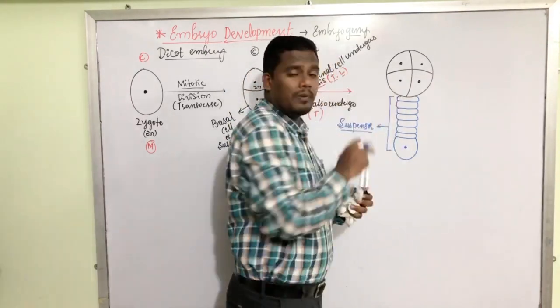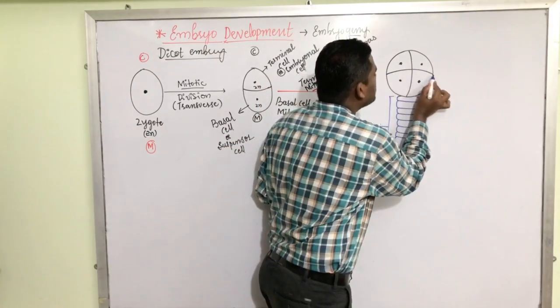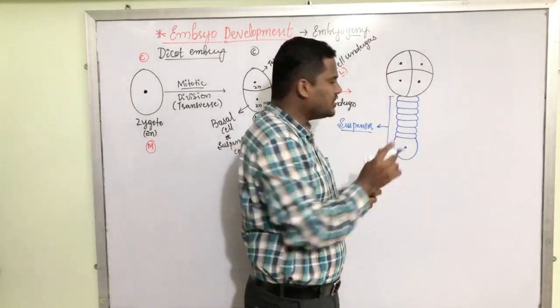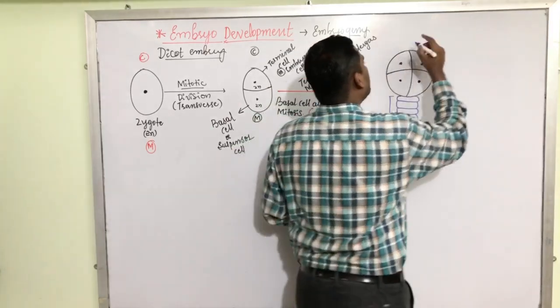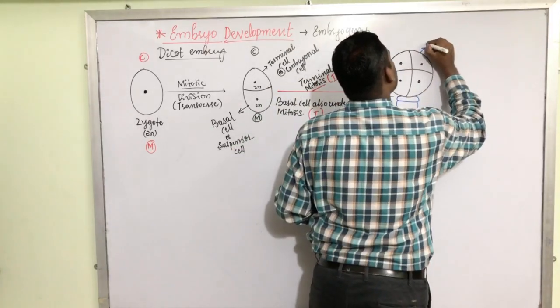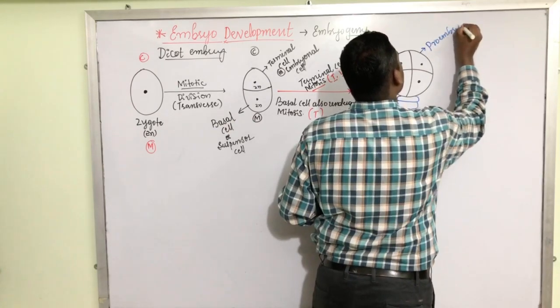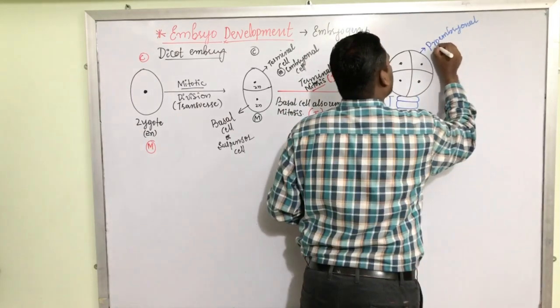Why is it globe-like? Because the cells are divided on a transverse plane and also on a longitudinal plane. That is why we'll get 4 cells here. This structure is called the pro-embryonal quadrant.